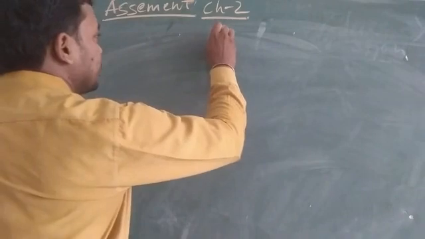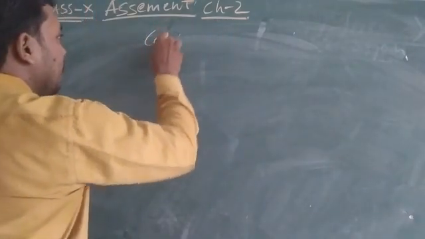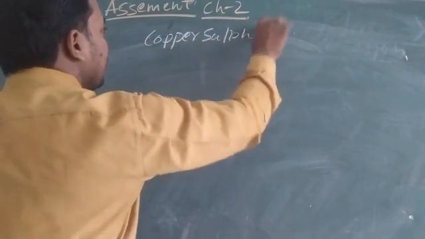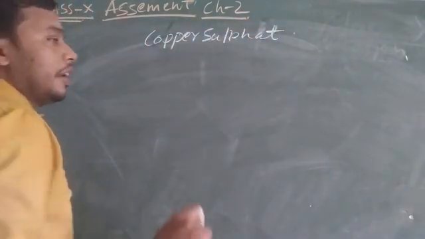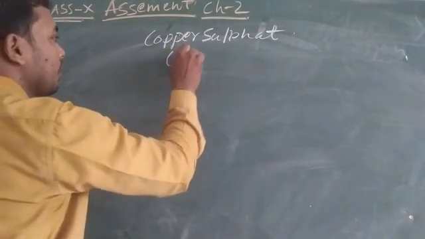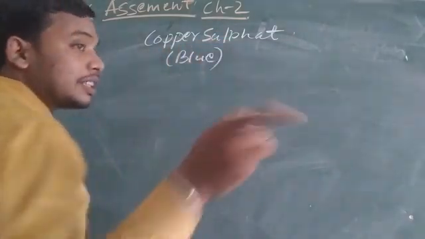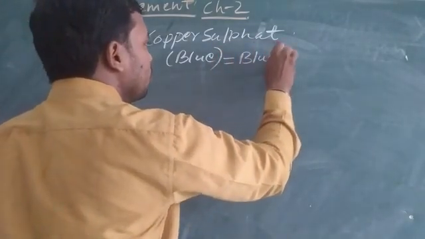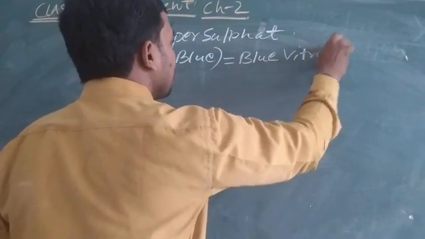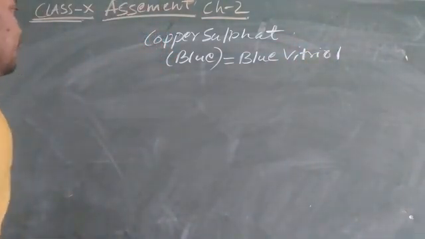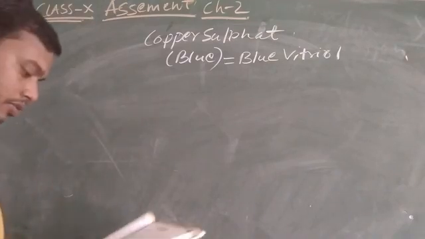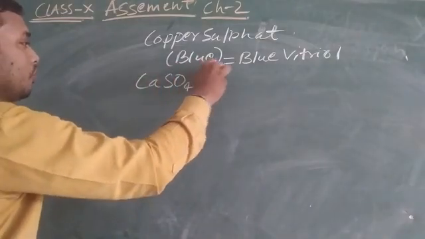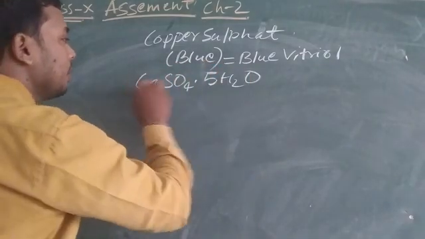Copper sulfate is a salt, and its crystal looks blue in color, and that's why its common name is blue vitriol. And its chemical formula is CuSO4 into 5H2O.